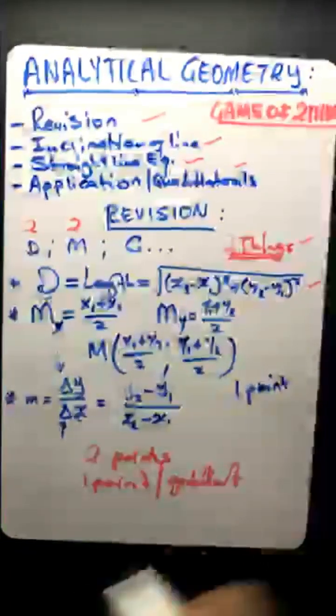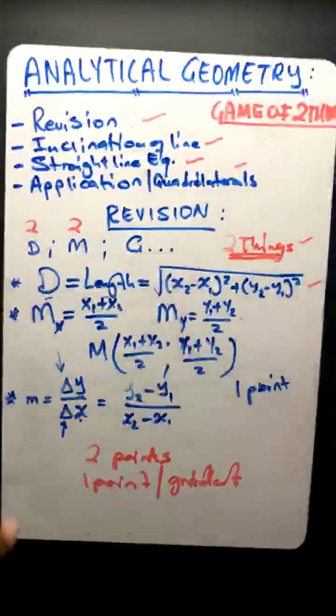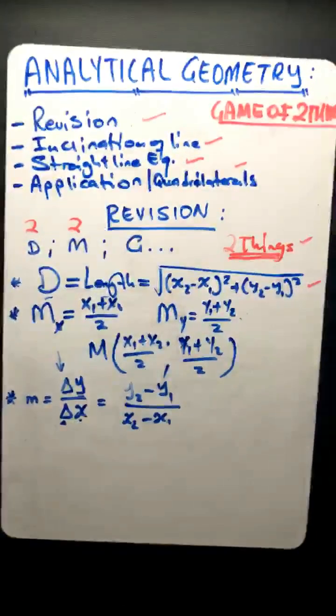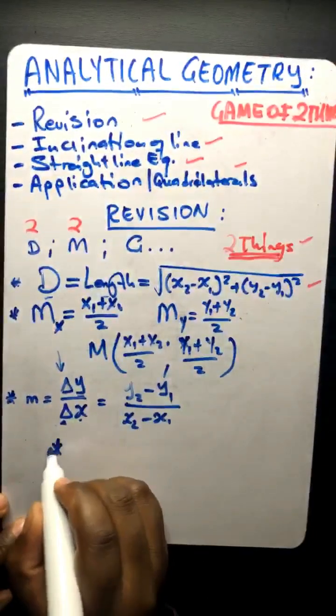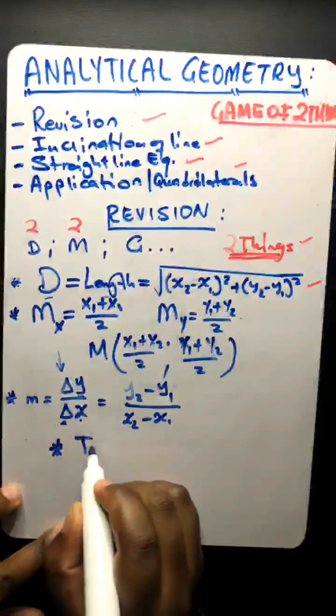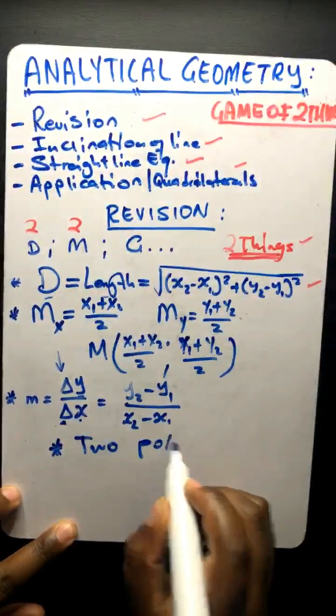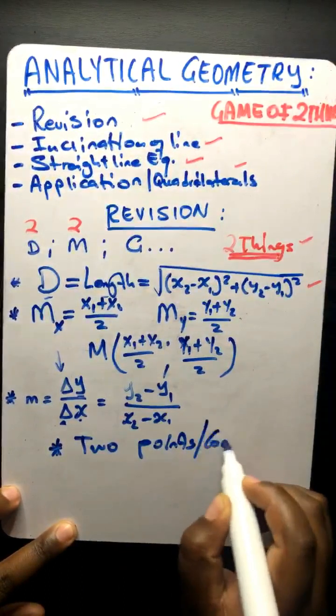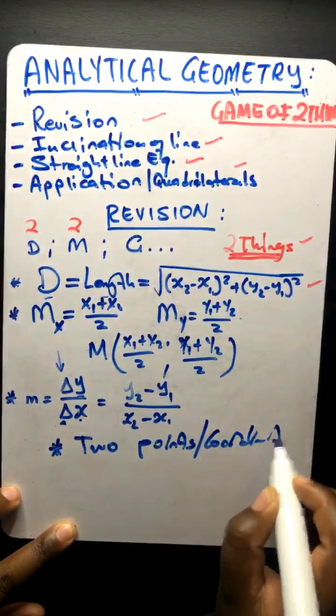Yeah, let me summarize it this way. As part of your notes, write this to say it's either you are given 2 points or coordinates.